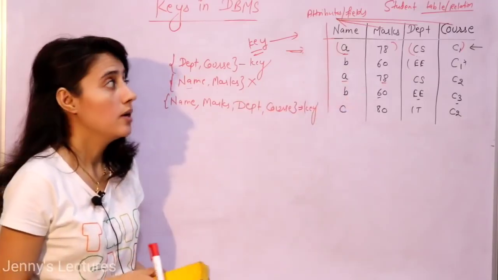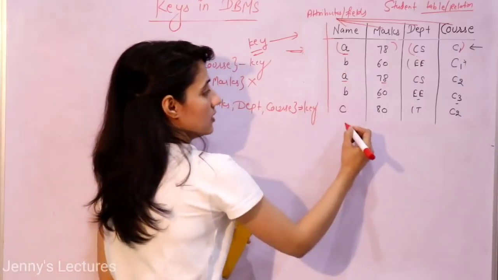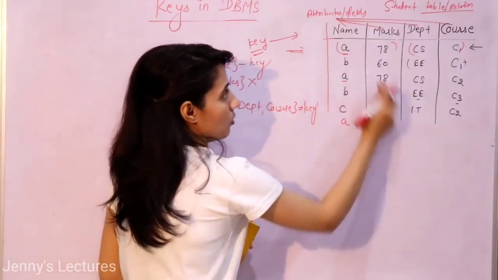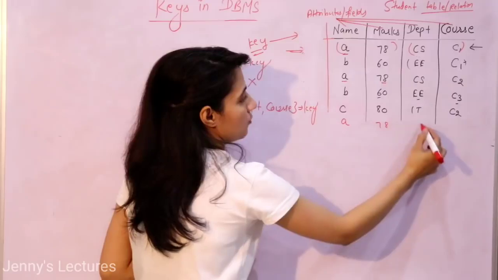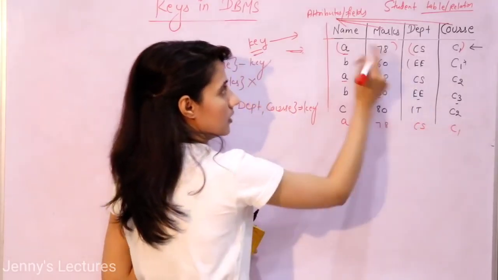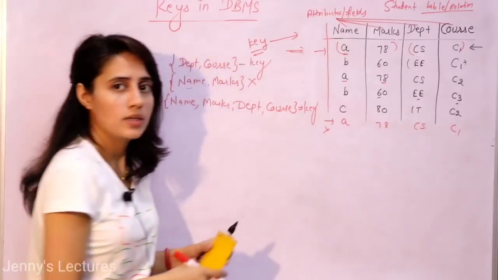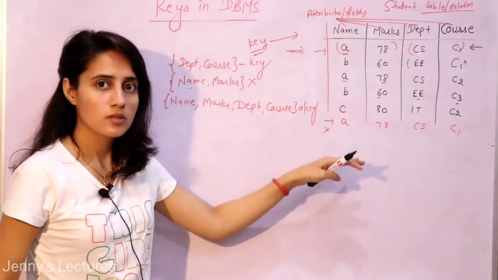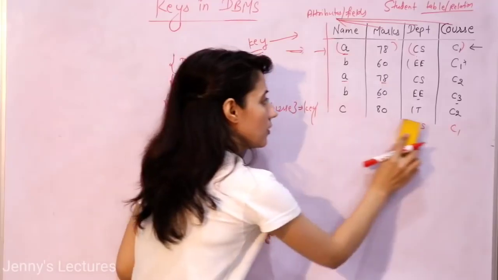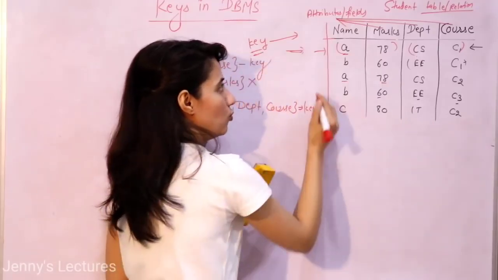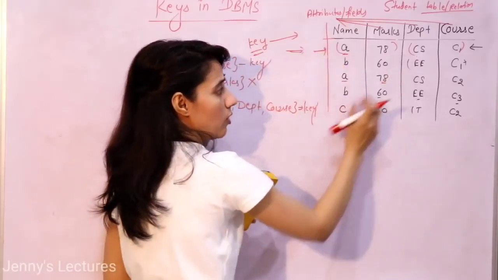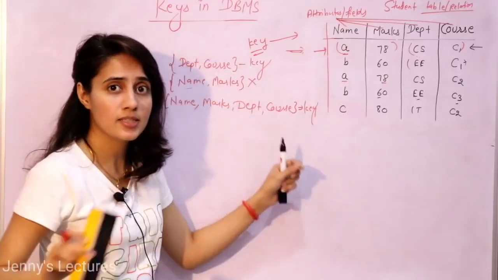That is for sure, because in this table it would not be the case that all 4 attributes have the same value in two rows. No, that could not be the case in an RDBMS, right? So definitely no 2 tuples or no 2 records can be exactly the same.